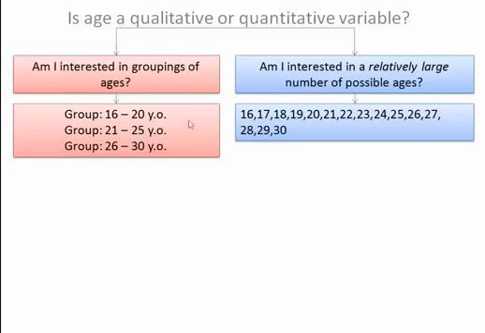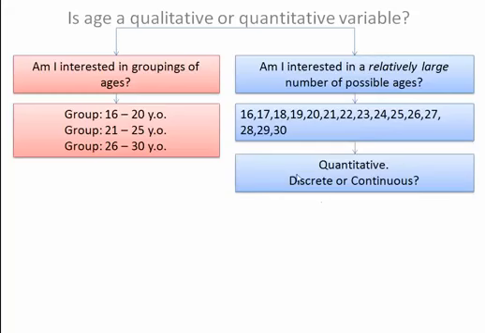And so we have these groupings by 5 year range. So this, in the red here, would be an example of a qualitative variable, whereas in the blue section over here, when we have the relatively large number of possible ages, that would be an example of a quantitative variable.